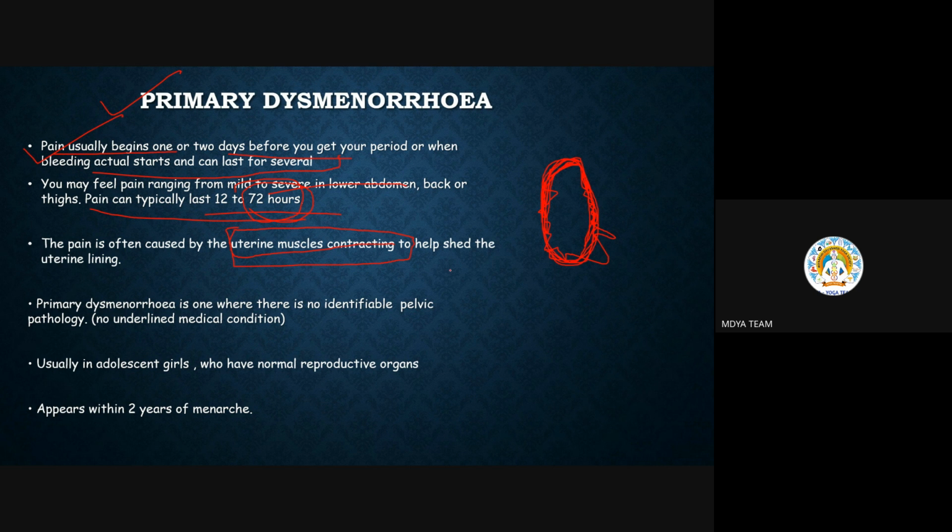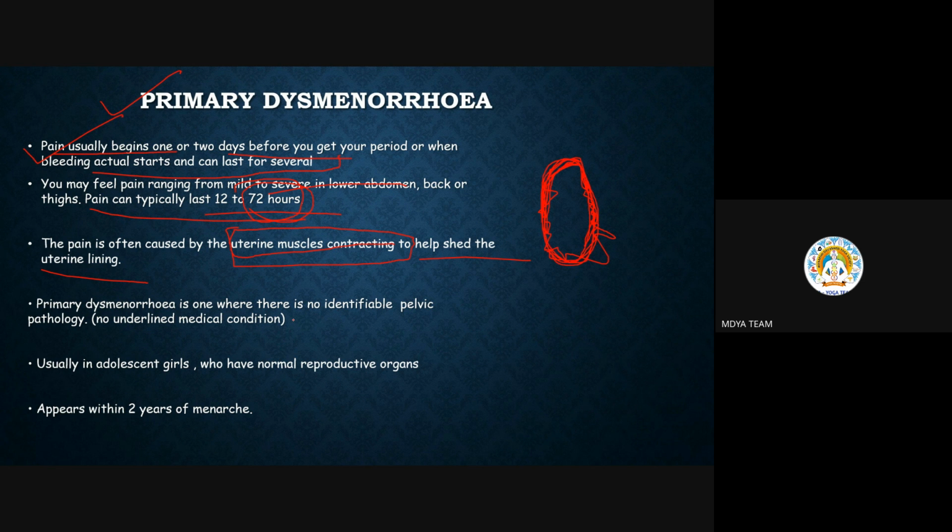Contraction, which helps to shed the uterine lining out, is required in normal conditions also, to shed that blood out of the body. But when it is excessive and unbearable, or hinders daily activity, it can be called dysmenorrhea, or primary dysmenorrhea.